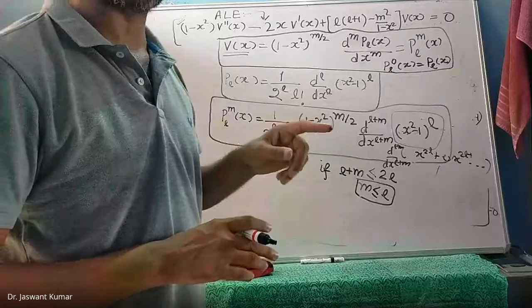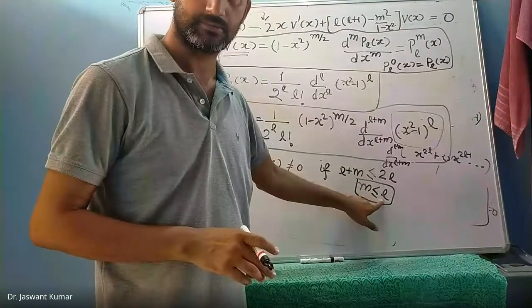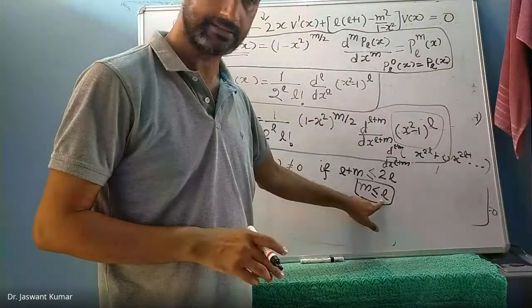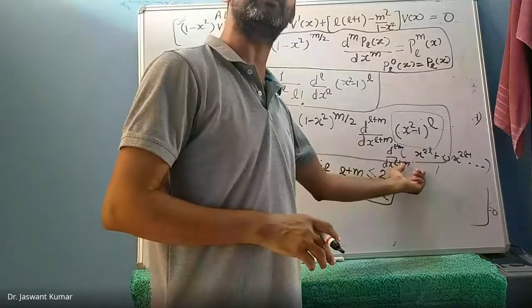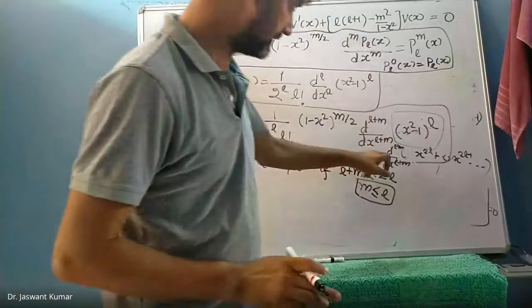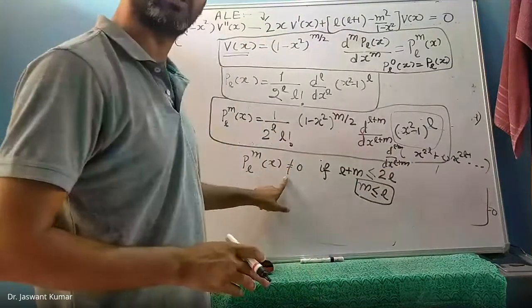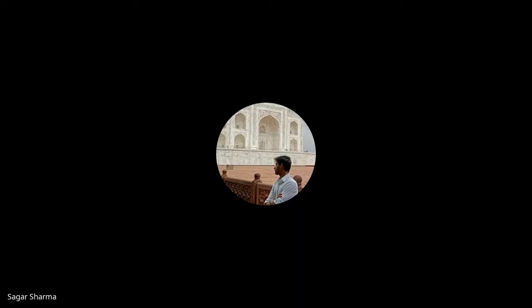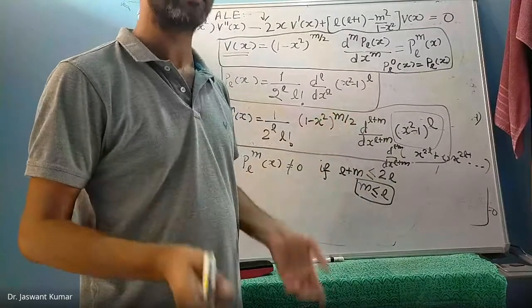No, it can be equal to L also. Even if L plus M is equal to 2L, this may not be 0. If your L plus M is equal to 2L, even then this will not be 0. So M can go up to L. Another thing.